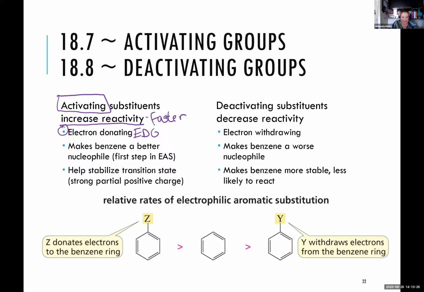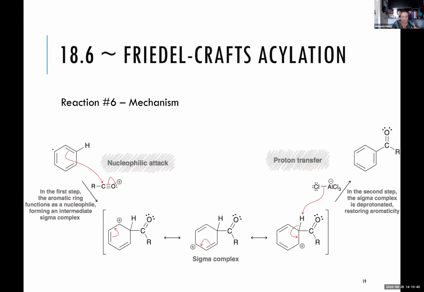The reason why an electron donating group would make the reaction go faster, though, is because it's going to make benzene a better nucleophile. So I'm going to go back a couple slides to something we talked about last week. When we looked at all of our mechanisms, so we had our 6 substituents that we could add, they all had the same basic mechanism pattern. The first step was that nucleophilic attack, so this arrow right here, and we started from the pi bond of our benzene ring because our benzene ring is our nucleophile.